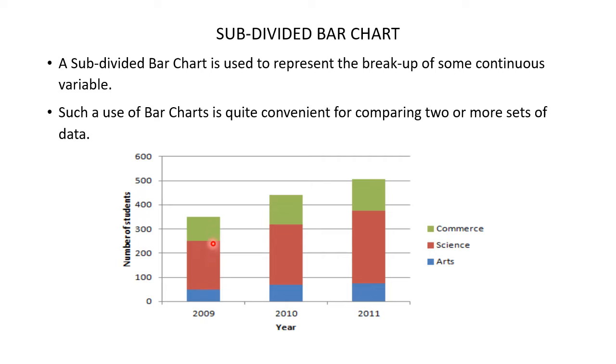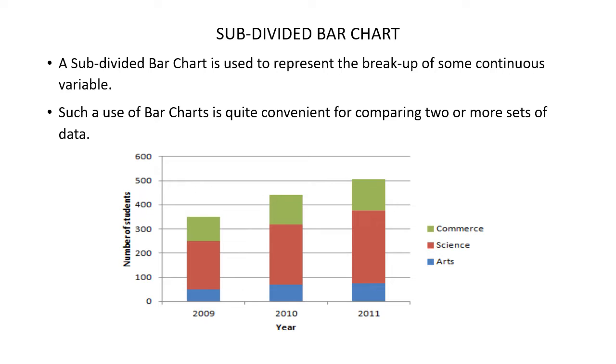Here, this breakup is regarding the students studying in commerce, science and arts. Now, observing this bar graph, you can easily know how many students were studying commerce, science and arts in 2009, 2010, 2011.